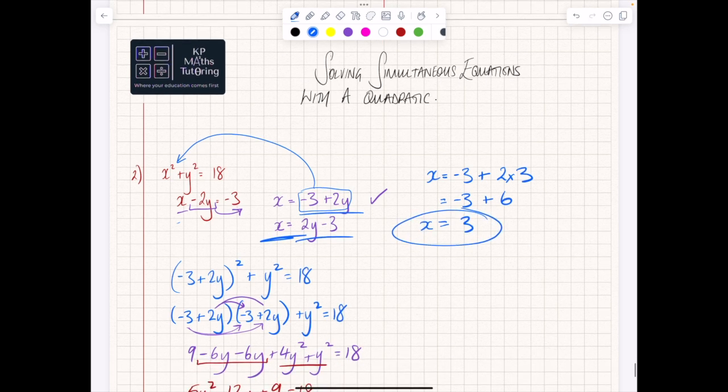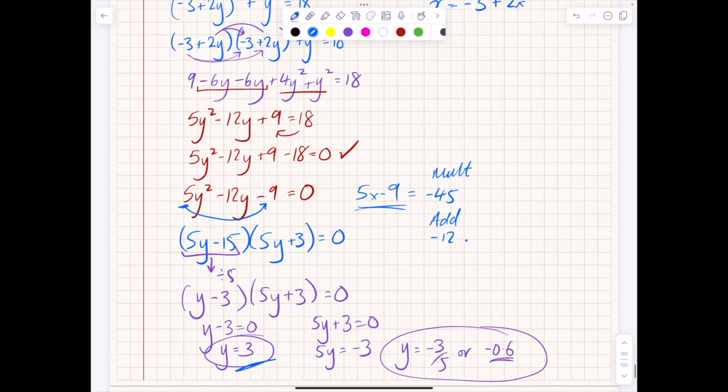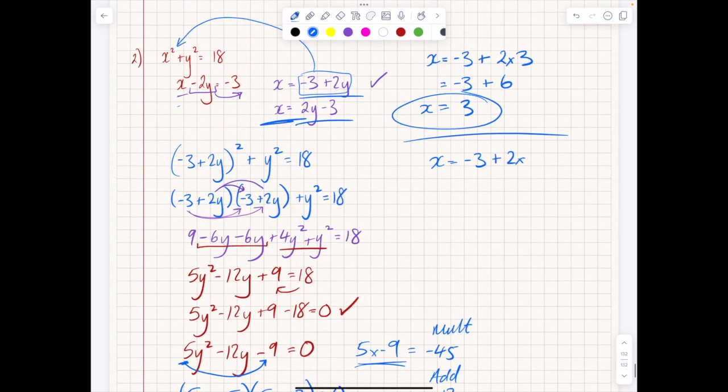So there's another solution. Second time round, x is equal to minus 3 plus 2 times whatever your y value is. y here is minus 0.6. So minus 3 plus 2 times minus 0.6, which will be a negative.